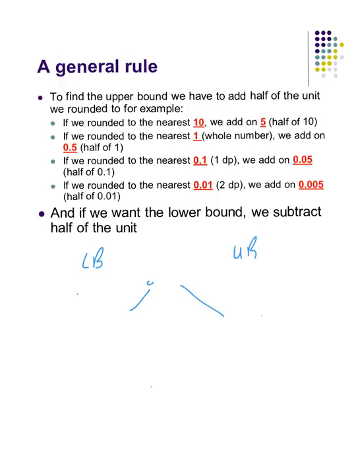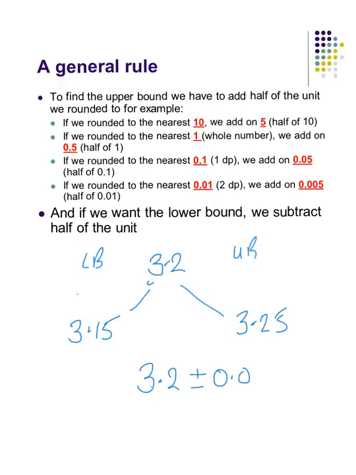So here, if I've got a number that has been rounded to one decimal place, so we'll say 3.2 to one decimal place, then our lower bound is going to be 3.15. And our upper bound, we're going to add 0.05, so we get 3.25. And we could write that as 3.2 plus or minus 0.05.